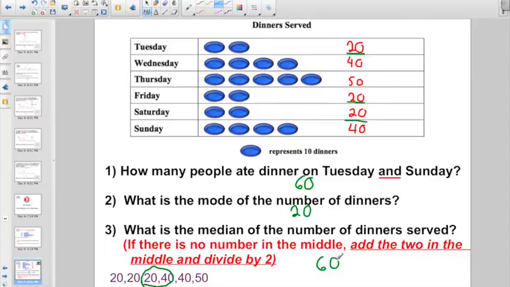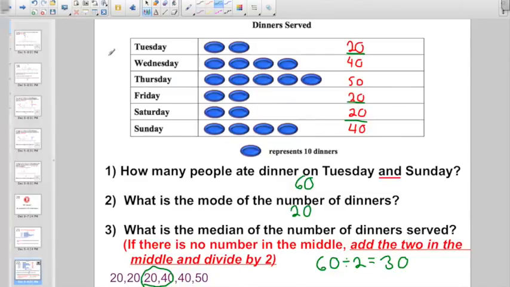And then you go and divide that by 2. 60 divided by 2, that's going to give us 30 for our median. So the median of the data set is 30 because I took the two numbers, added them, and divided by 2.